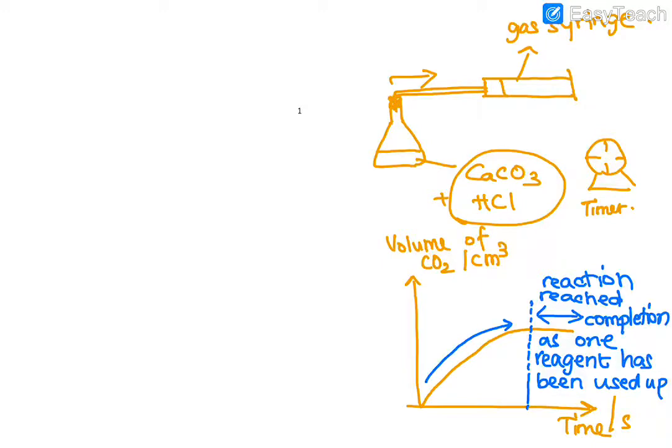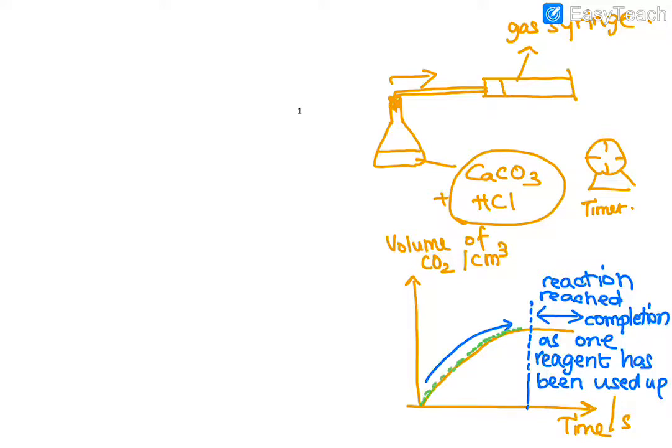Now, if you look at this first part of the graph, you see that the volume keeps on increasing, but it increases by a decreasing amount. What does that mean? It means that initially we have a lot of carbon dioxide which is being produced, and here carbon dioxide is still being produced, but there's less and less of it which is being produced with time.